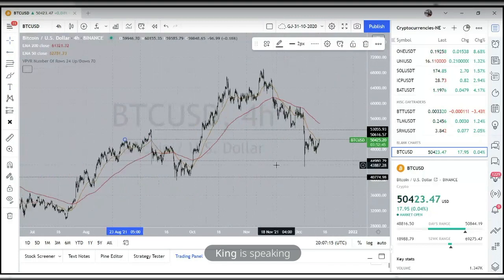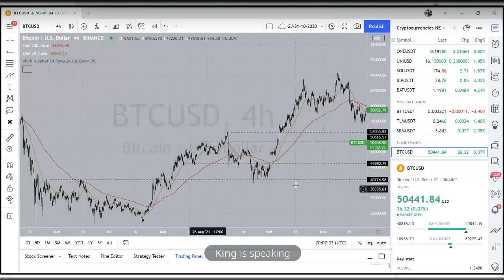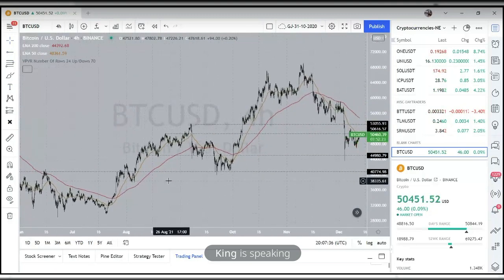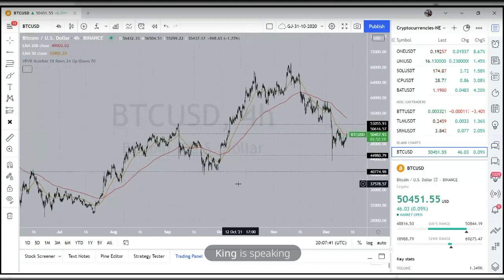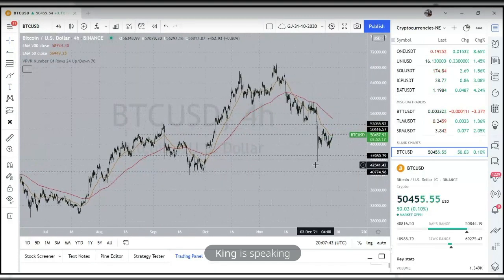And then just work from there, because especially now, where price is, price action is trading back towards previous levels.